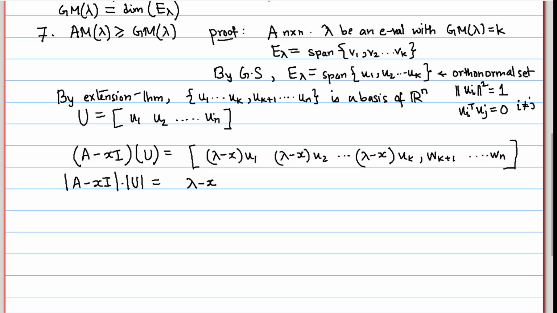That makes it lambda minus x to the power k, and then the determinant of the matrix whose first k columns are u1 up to uk, and then something else.